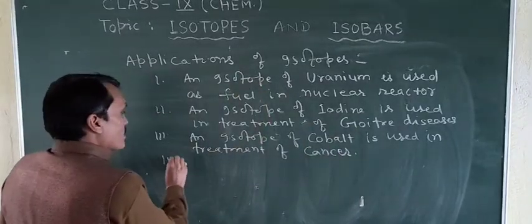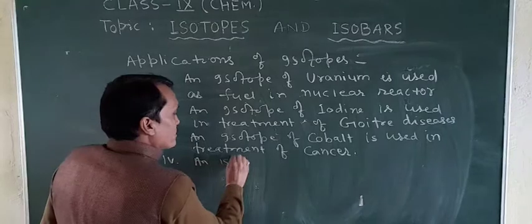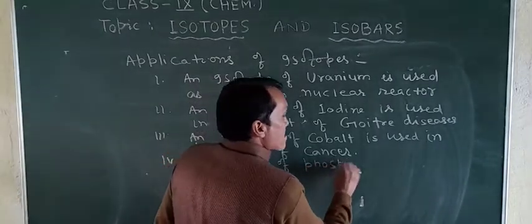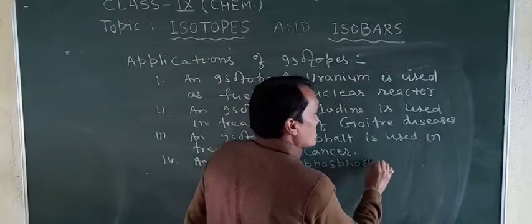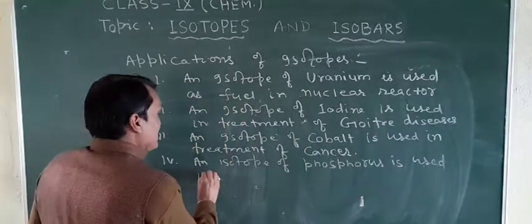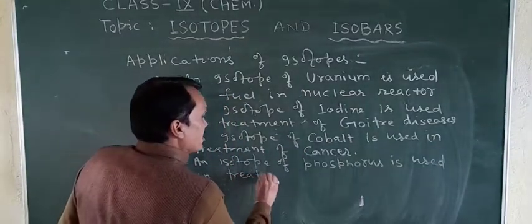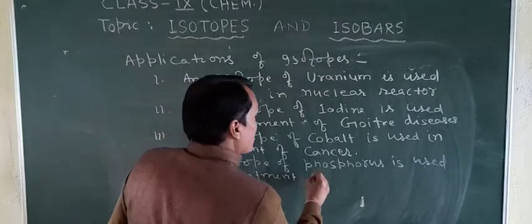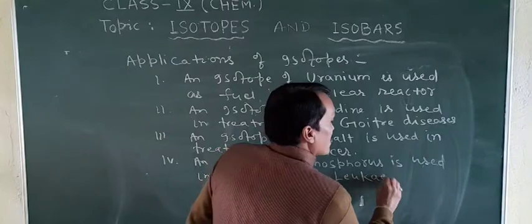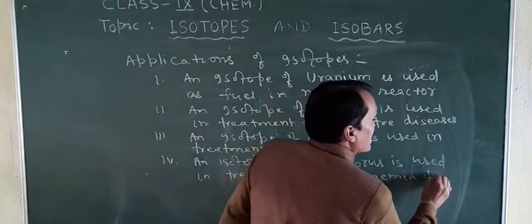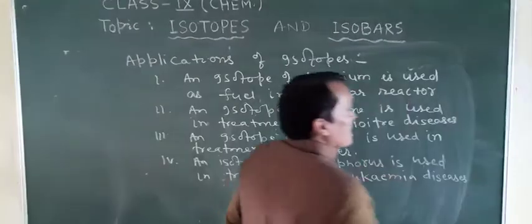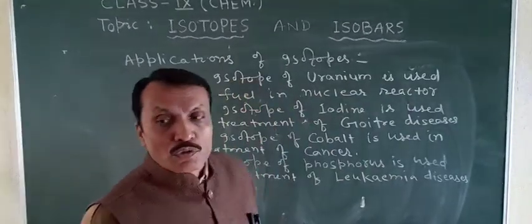Number 4, an isotope of phosphorus is used in treatment of leukemia disease, which is a type of blood cancer and mainly belongs to women.